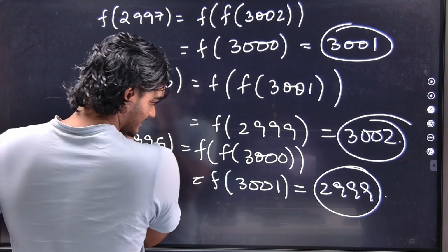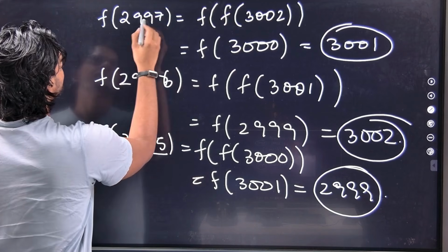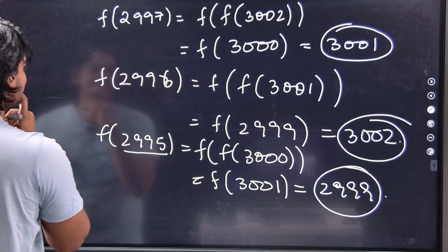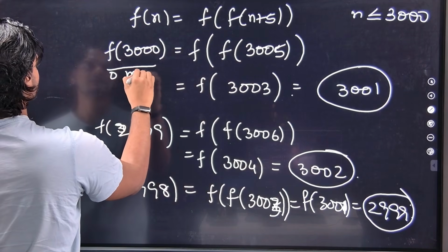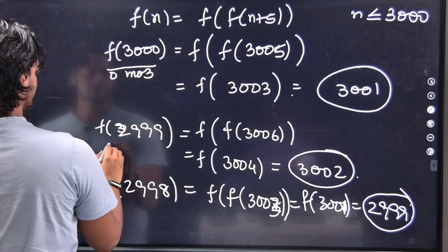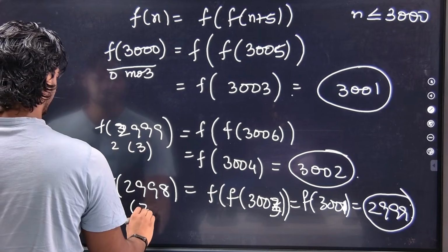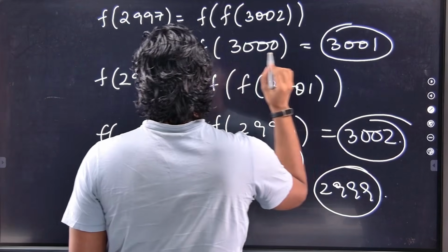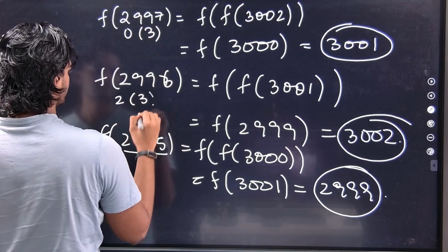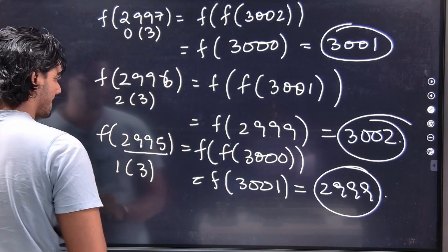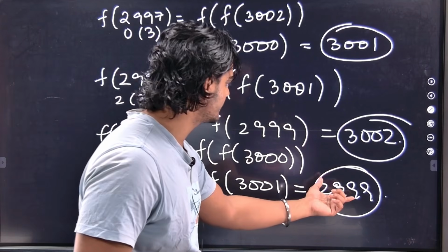What is n mod 3? Let's start from the beginning. So it is 0 mod 3, this is 2 mod 3, this is 1 mod 3. So this would be 0 mod 3, 2 mod 3, 1 mod 3.